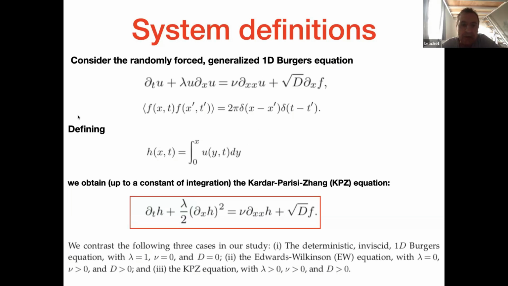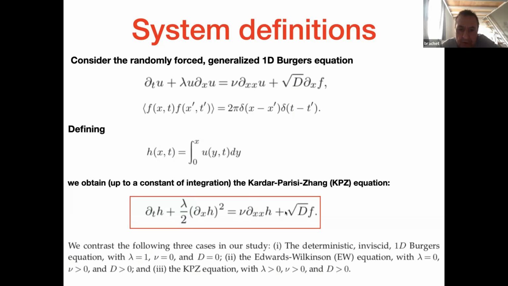When you do this, this system is equivalent to the standard KPZ system, which is written here. In what follows, we'll study three different limits. One is when lambda is 0. It's the so-called trivial Edwards-Wilkinson case, where you expect a k^-2 scaling.